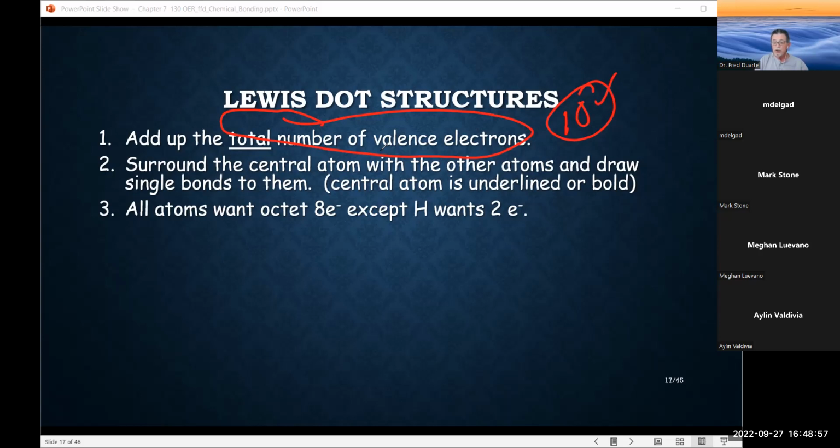And you start off with 10. When you're done, you should end up with 10. And we're always doing an inventory and keeping track of our electrons as we're building the structure, because it's easy to lose a pair or add a pair and then really mess up our structure completely, okay?